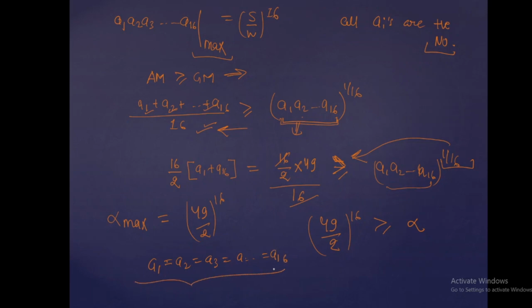All these terms will be equal, and then only we will get the maximum value. Whenever we are equating the maximum value, we are using the equal to term, not the lesser than term. So we need to keep in mind that all the terms we are using must be equal.